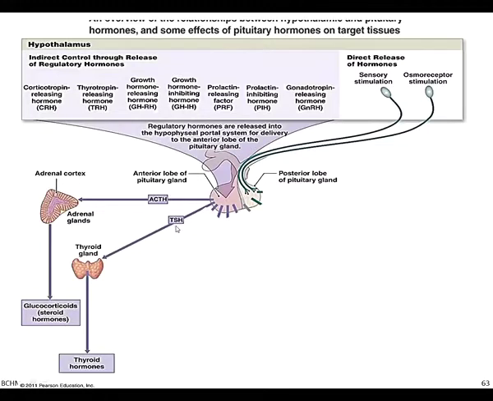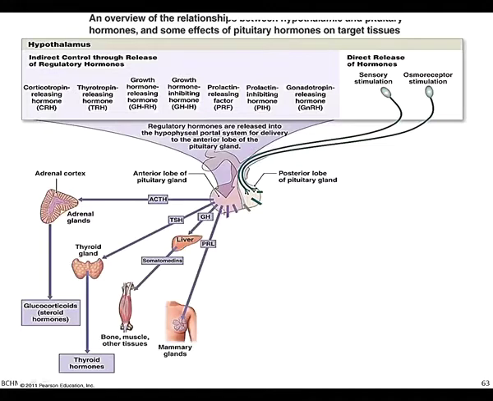As well, TSH will affect the thyroid gland to release the thyroid hormones. Another major hormone is growth hormone, one of whose targets is the liver, leading to the secretion of other hormones like somatomedins, which will affect bone, muscles, and other tissues. As well as prolactin, which will affect the mammary glands.